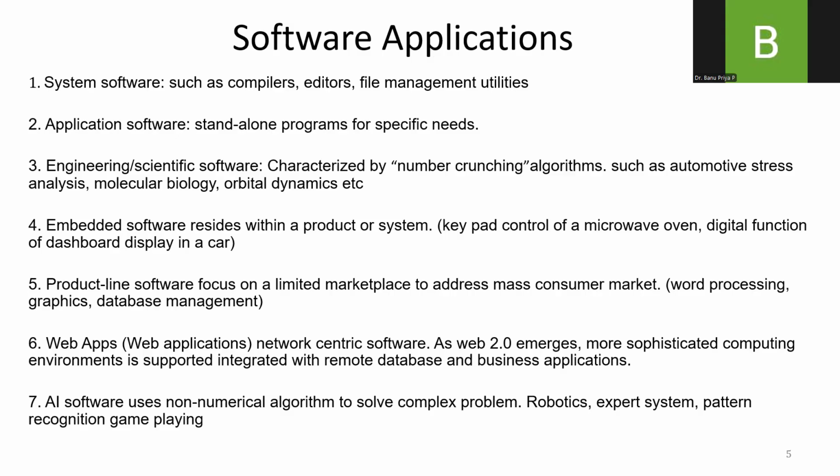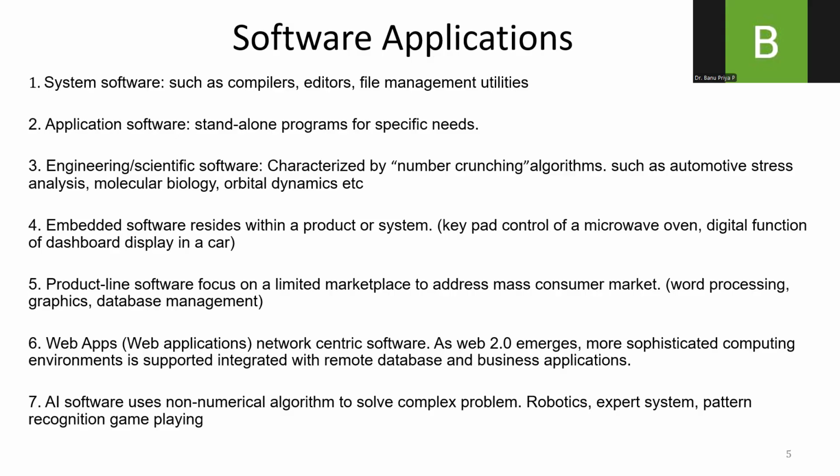The embedded software always resides within the product or a system. That is, it can be a microwave oven or a digital function of a dashboard display in a car. The product line software always focuses on a limited marketplace in order to address the mass consumer market. Web applications are important.